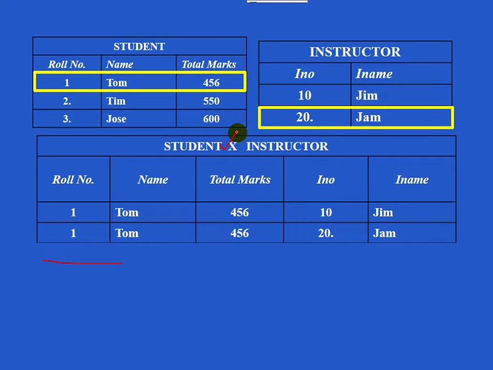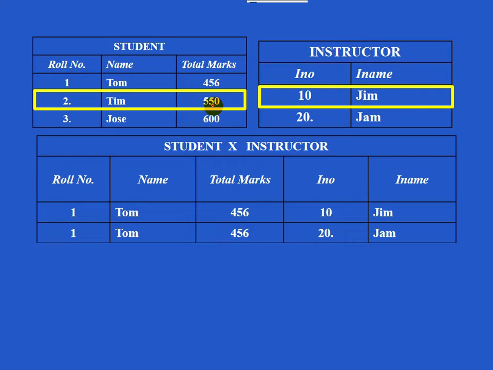Same method. The second tuple of the first relation should be concatenated with the first tuple of the second relation. So these two tuples should be placed together. That will give you the third tuple of the resultant relation.